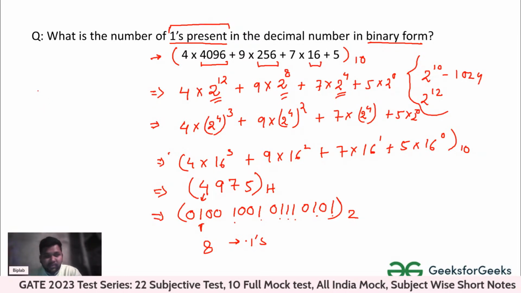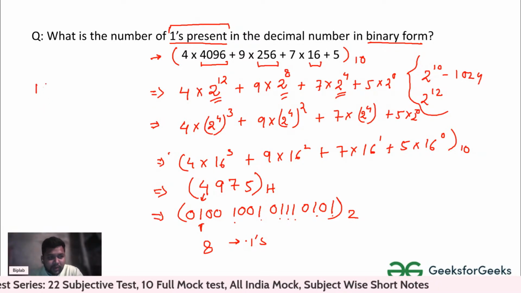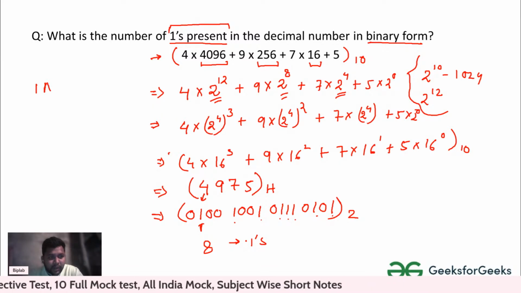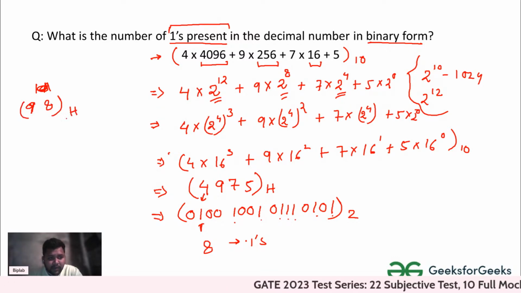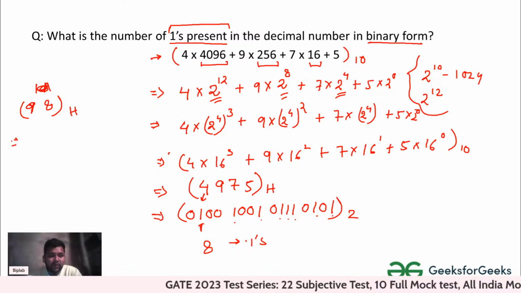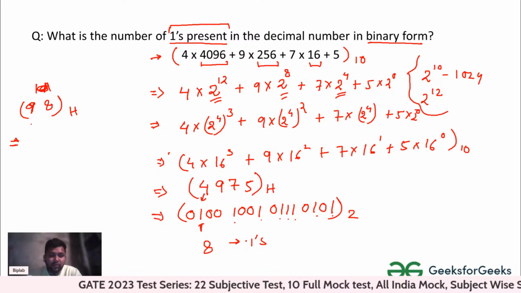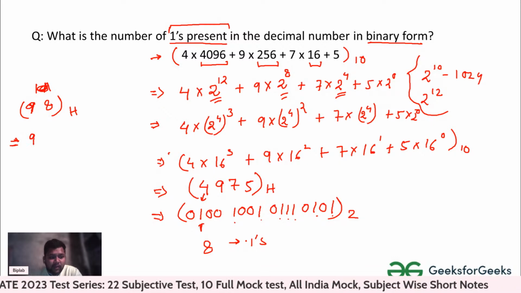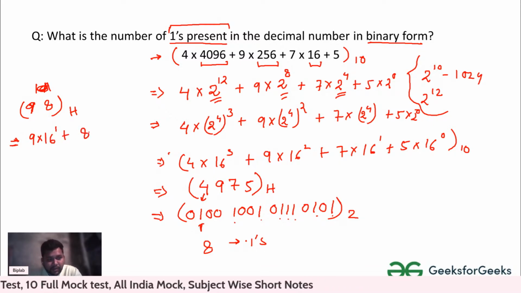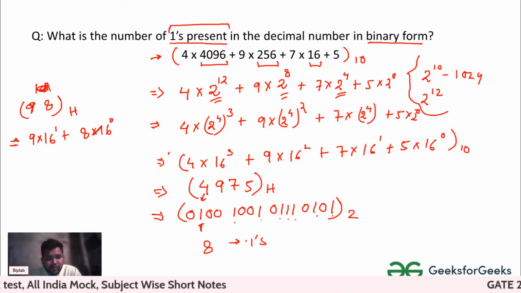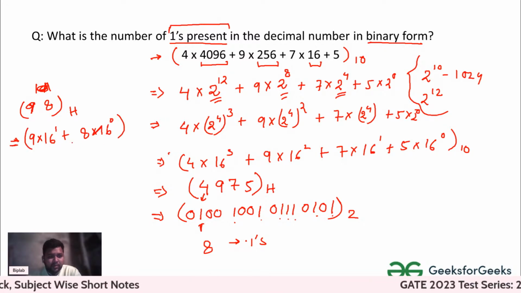To explain this, let me take a simple number, let's say 9 8 base h number. To convert it, this number is equivalent to the decimal number 9 into 16 to the power 1 plus 8 into 16 to the power 0, isn't it?